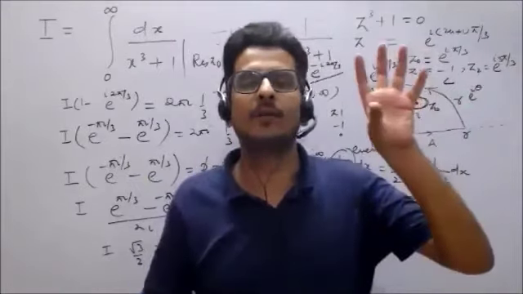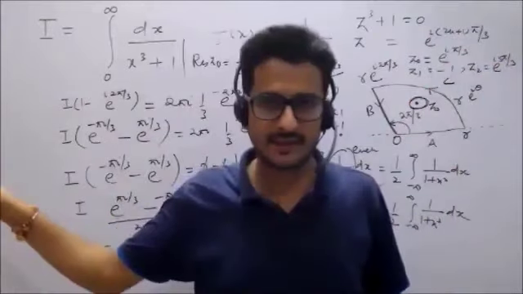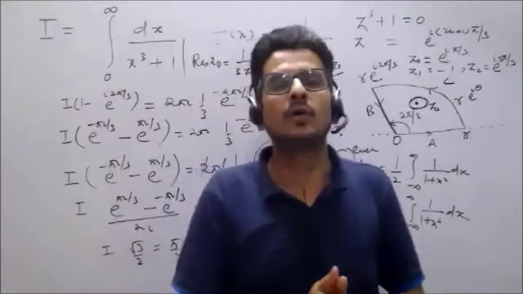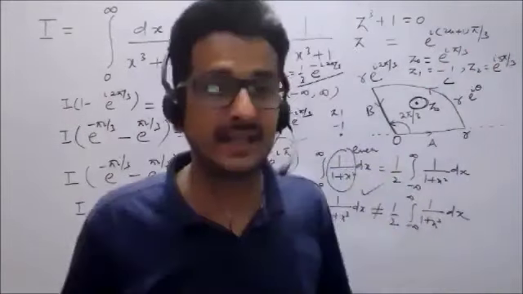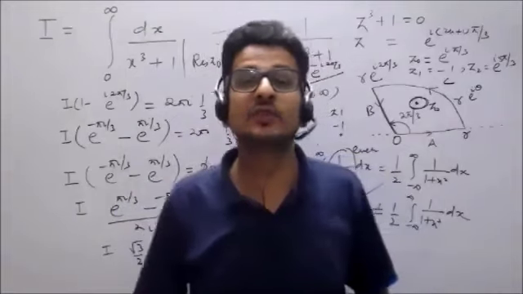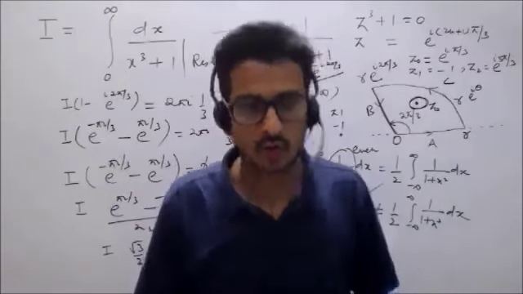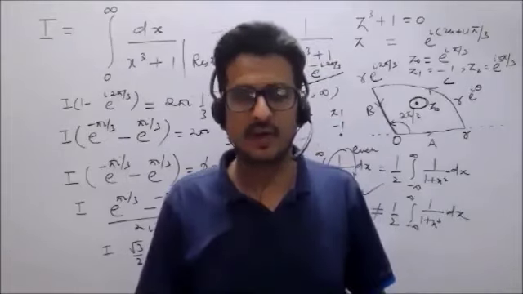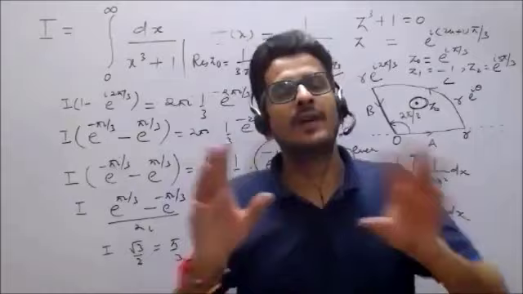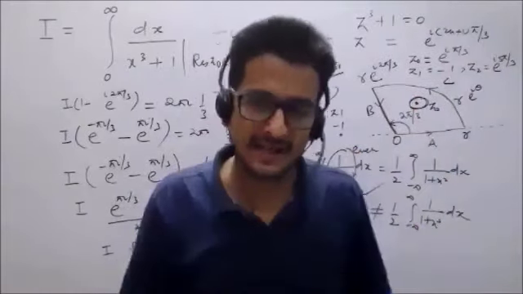I started from contour integration, fz dz, that was 2 pi I sum of residues. Contour was given. Then I told you that we can solve real integrals also using contour integrals. First of all, we applied it for 0 to 2 pi. What did we do there?